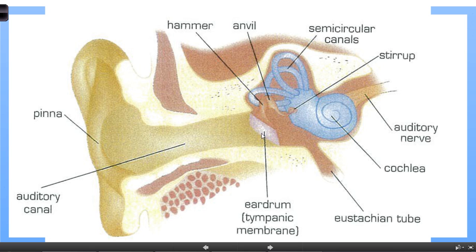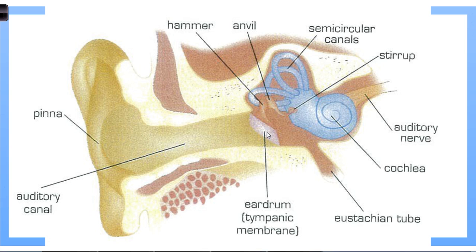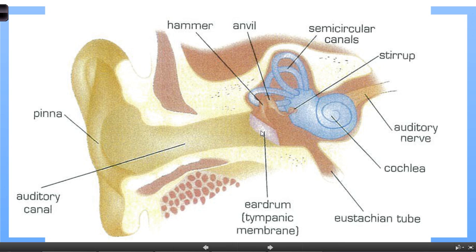They make the surface vibrate. So it's a little bit like the opposite of a drum really. Normally we bang on a drum and the vibrations cause the sound, whereas here it's the other way around. The sound comes in and hits the surface, this membrane, and causes it to vibrate. So this is what we call the eardrum.